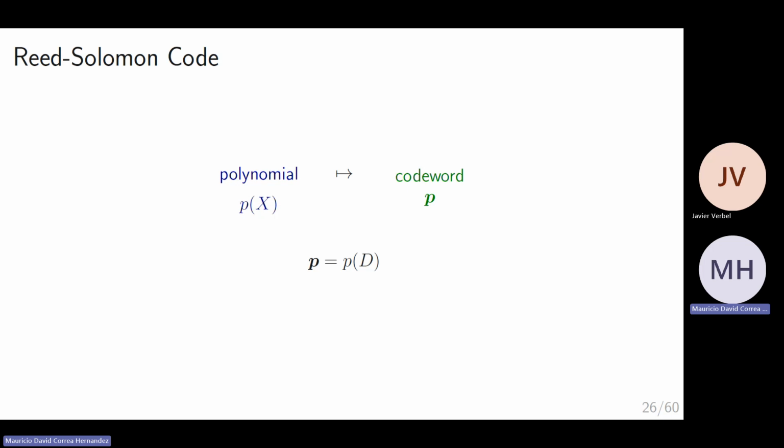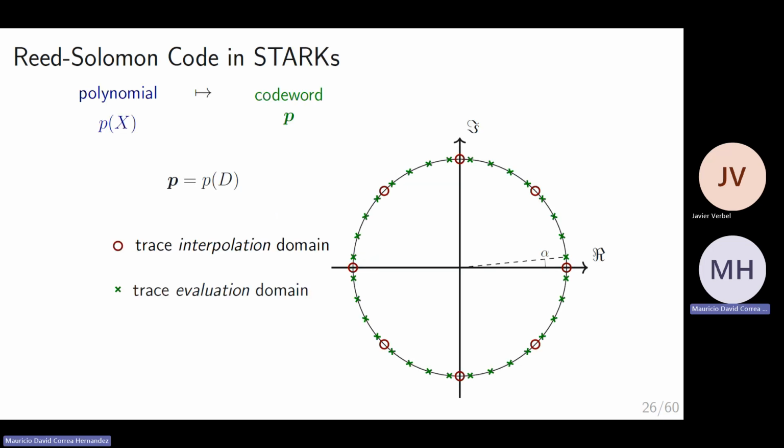So we are identifying polynomials with their code words. And once we have a code word, it is in fact a vector. This is where we are taking the domain from. We're looking at the same unit circle, once again at evenly spaced points, but their number is a small multiple of the number of trace points.